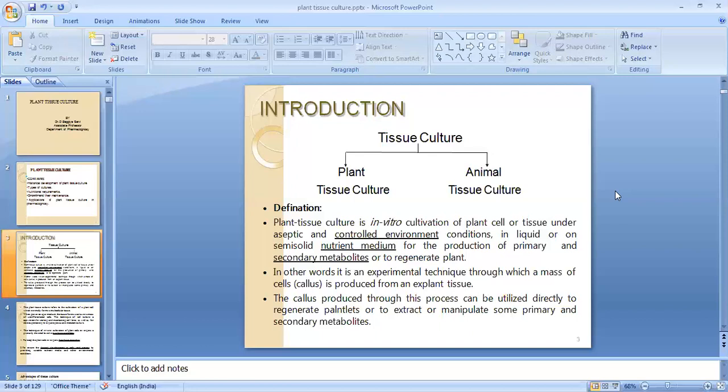Okay, so here, whichever way you want to change the product, you will be inserting the precursor so that your desired primary or secondary metabolite can be brought about at the end. Okay, this we will discuss in the later chapters or upcoming classes. That is about biotransformation. Okay, fine.